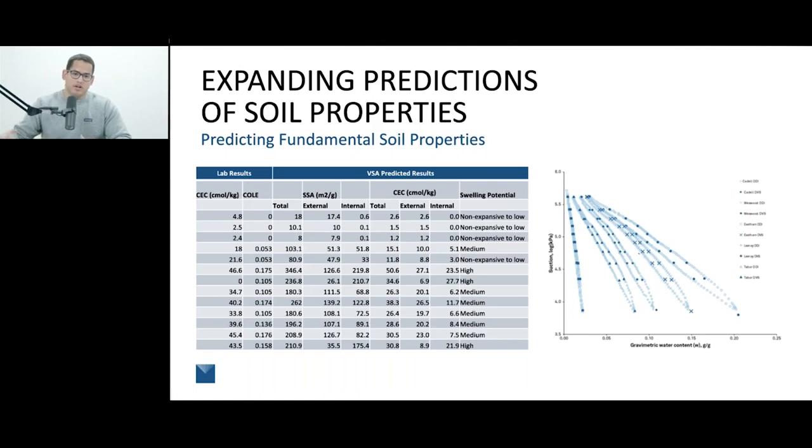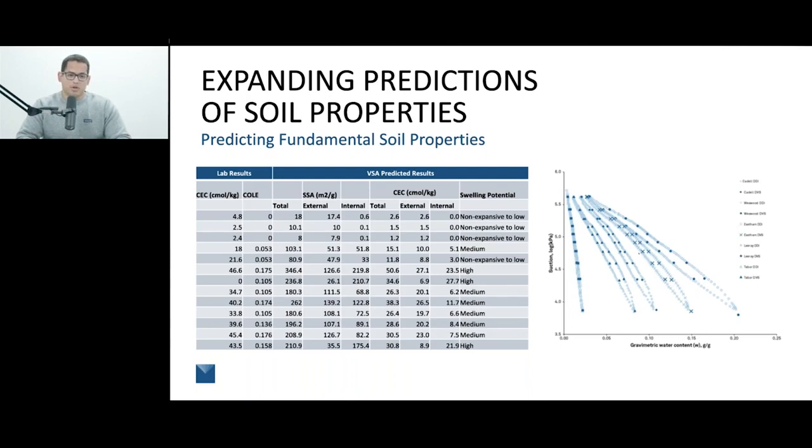This is a little more advanced utilization of these curves to predict the potential based on the internal surface area and the internal cation exchange capacity. And you can see in this table, and I'm not going to dive super deep into all of the results, how the VSA-predicted results like cation exchange capacity compare with the cation exchange capacity results from the lab.